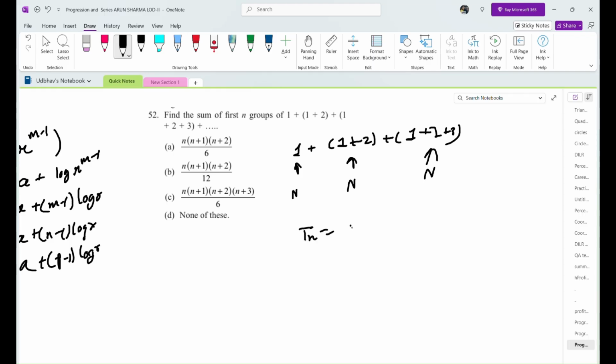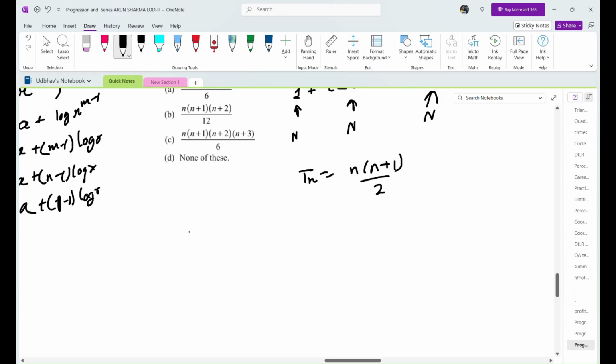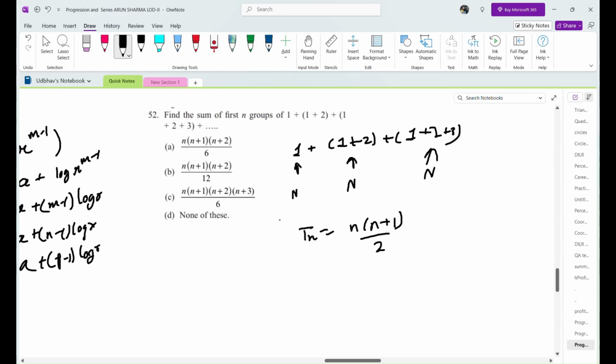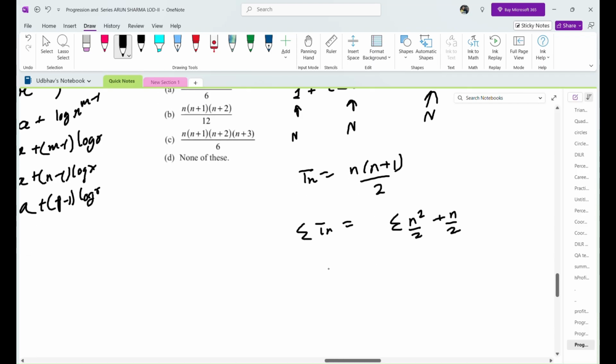So here Tn will be n(n plus 1) by 2, right? So we have to just find the sigma for Tn, that is sigma for n square by 2 plus n by 2. Sigma for n square, I told you that it was n(n plus 1)(2n plus 1) by 6.